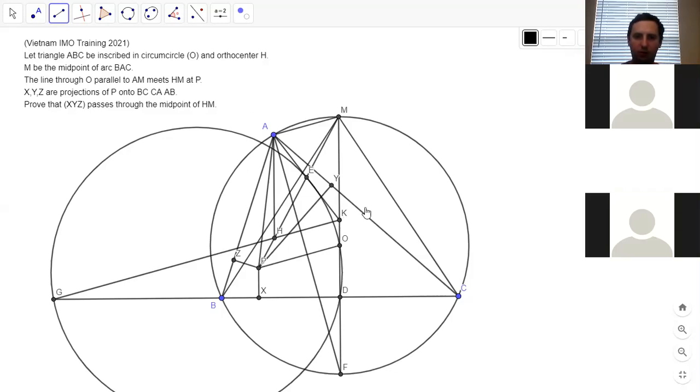So angle KAC is KAM minus MAC. And KAM is AKH.